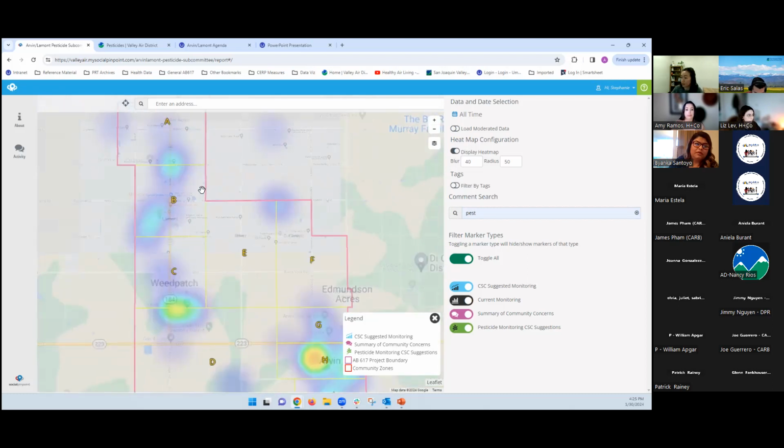These are areas where we've heard a lot of concerns, and I think that's a good starting point when we start to discuss monitoring sites. So with that, I'm happy to take any questions on how we got here.